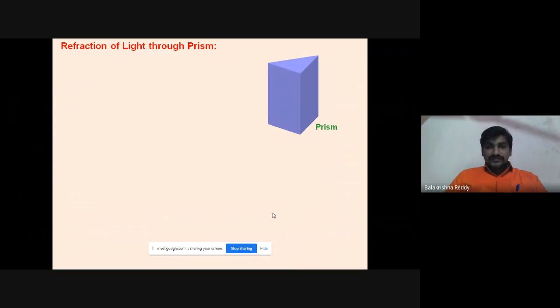Refraction through prism. Okay. Now, this refraction through prism, I am going to discuss. We know that first, what is a prism? Usually, the prism, which we call a transparent medium, is a combination of three rectangular surfaces.